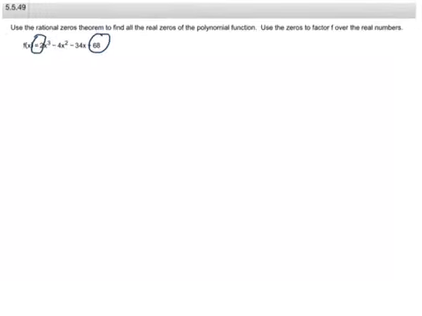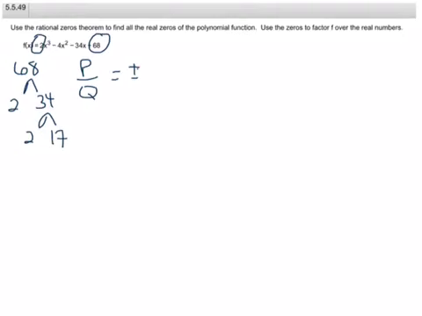possible rational zeros. So the factors of 68, if we do a factor tree on 68, it goes in 2 times to make 34, and 34 breaks down into 2 and 17. So we have the possible factors would be plus or minus 1, 2, 2 times 2 would give us a possible 4, and 17.